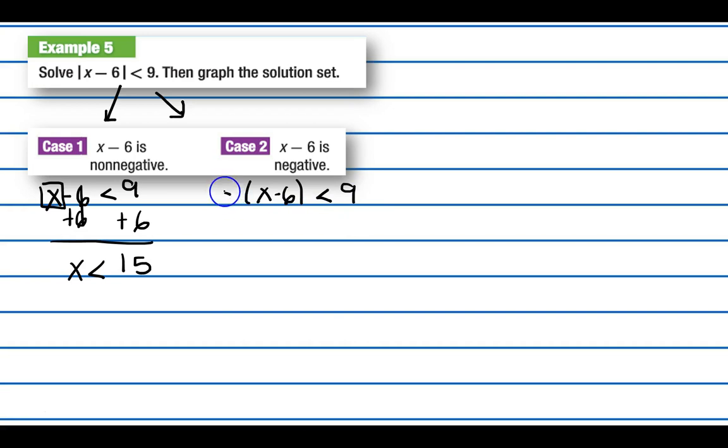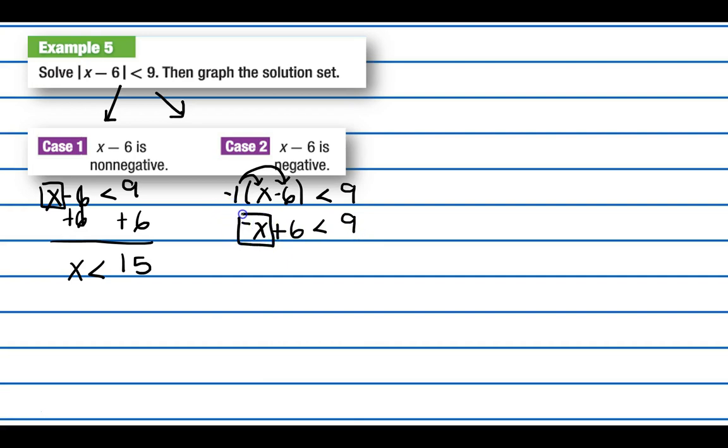But now I need to use the distributive property. Between this negative sign and the parenthesis is always an imaginary 1 if there's not another number there. So I'm going to say negative 1 times x and negative 1 times negative 6. Negative 1 times x is negative x. Negative 1 times negative 6 is positive 6, which is less than 9.